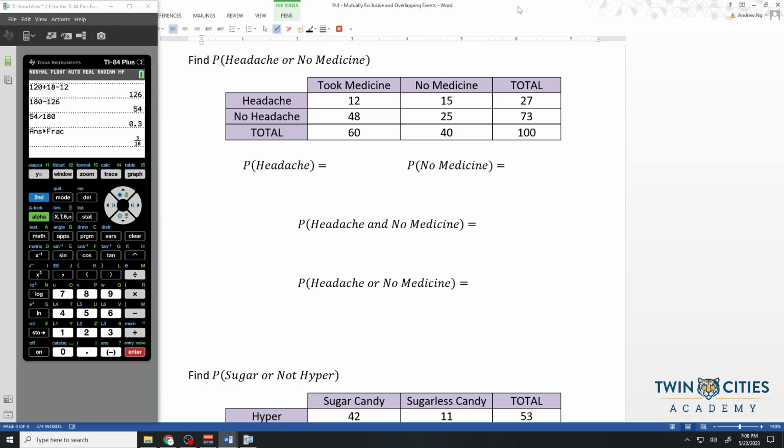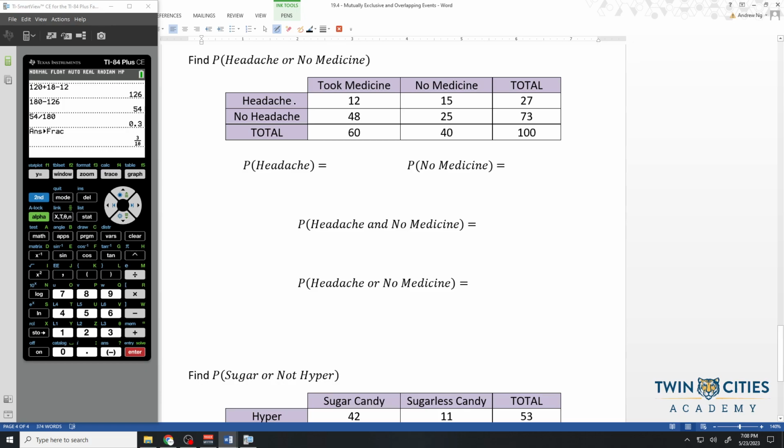So there were 100 people in this survey. And of these 100 people, we asked, do you have a headache? And do you want to take medication for having a headache? As it turned out, 27 of them had a headache, 73 didn't have a headache.